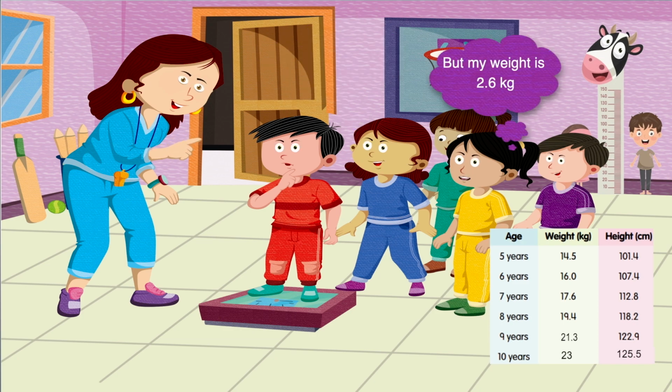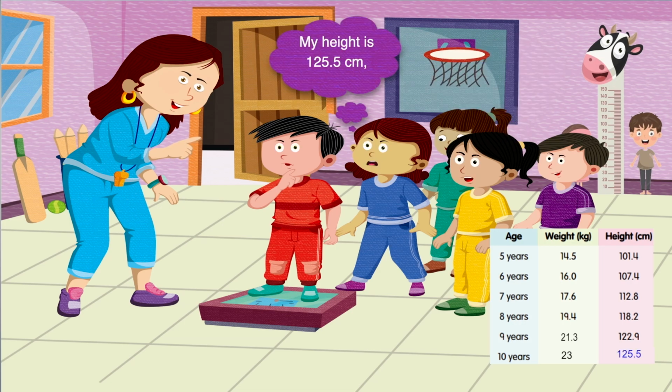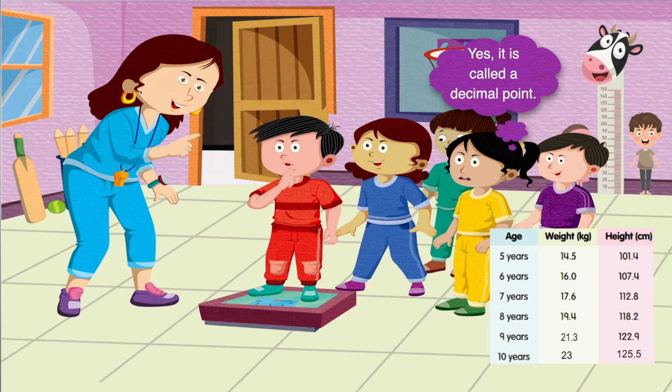But my weight is 2.6 kilogram more than the value on the chart. What is your height and weight, Mona? My height is 125.5 centimeters and my weight is 23 kilograms. Sona, do you know what this point shows? Yes, it is called a decimal point.